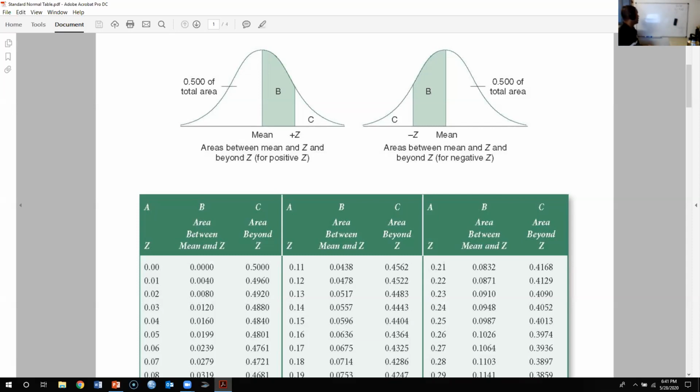So we have an A, which is the Z, the B, then we have the C. Again, we already know that the B is the area between the mean and Z, and the C column is the area beyond the Z.